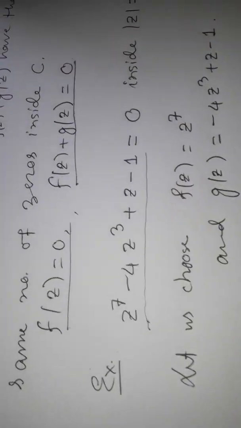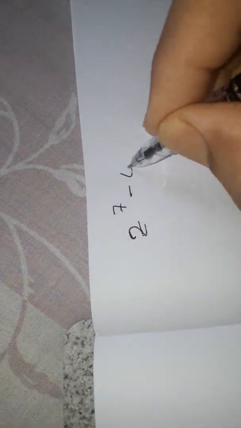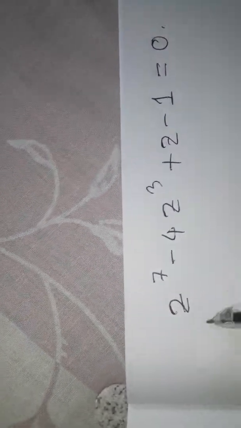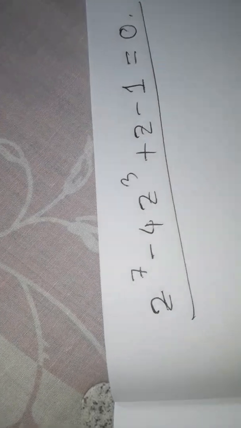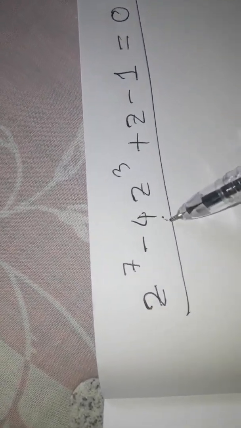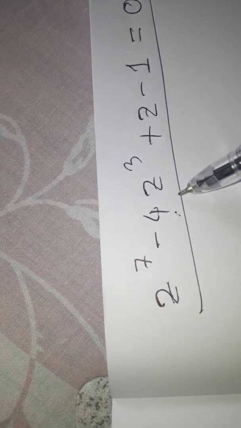So how can I choose that? You see that the function was z to the power 7 minus 4z cube plus z minus 1. This is a polynomial function, and we want to find its roots. You see that the highest coefficient here is minus 4, and modulus of z is 1.